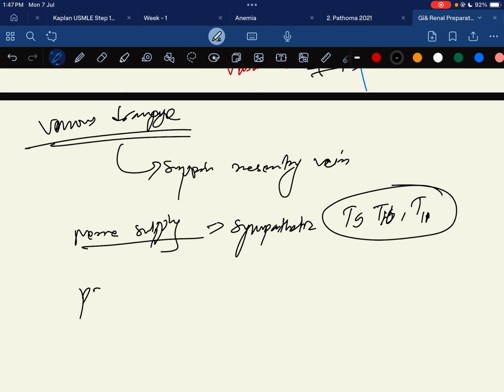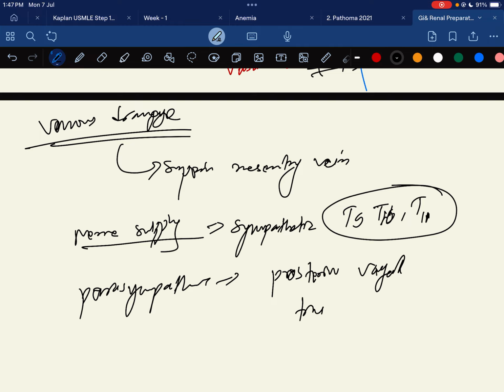Regarding the parasympathetic supply, there is the posterior vagal trunk.